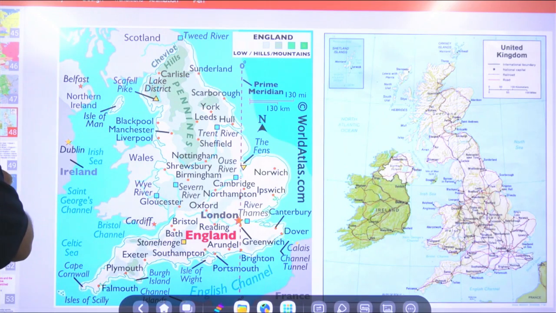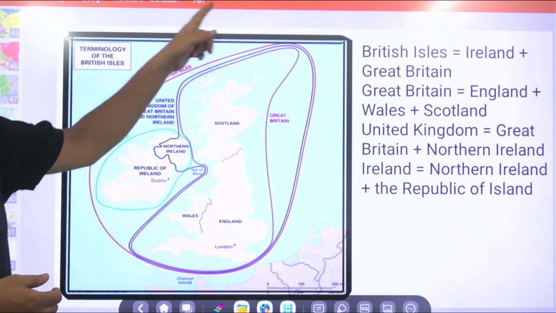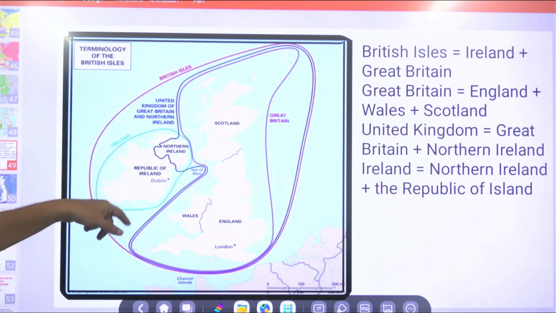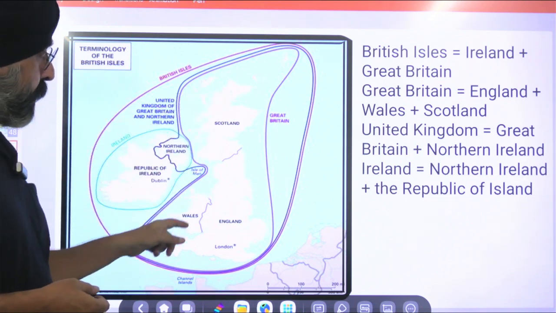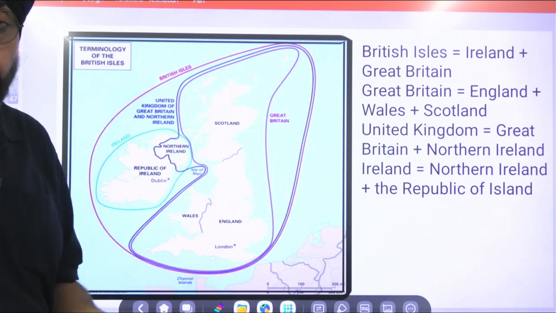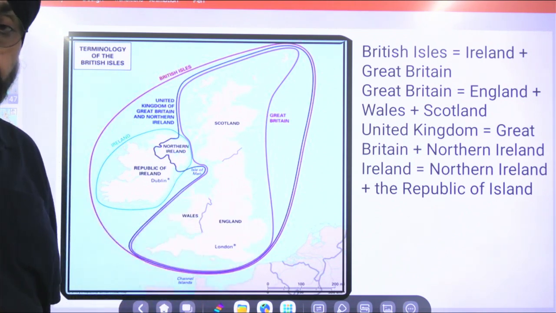Now here, this is the most beautiful one. Here you can have an idea about the British Isles. All things are the British Isles. You have Ireland, Northern Ireland, Scotland, Wales, England, Orkney Islands, Hebrides Islands. Everything, when you fix it up, goes into the British Isles.